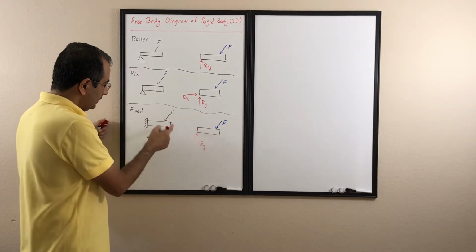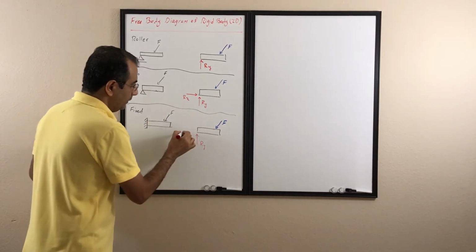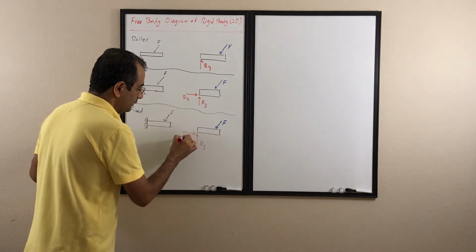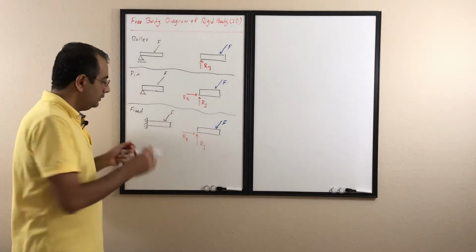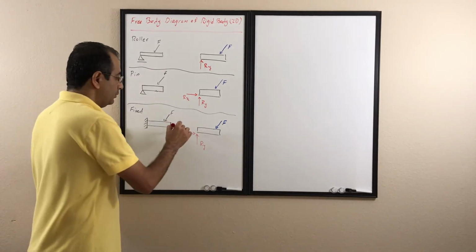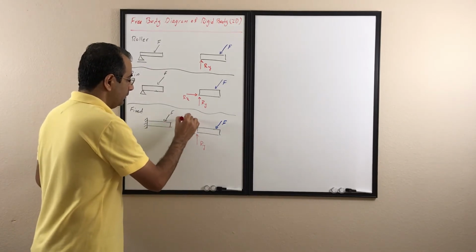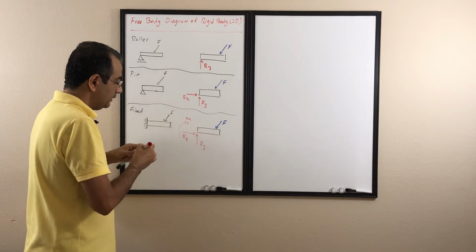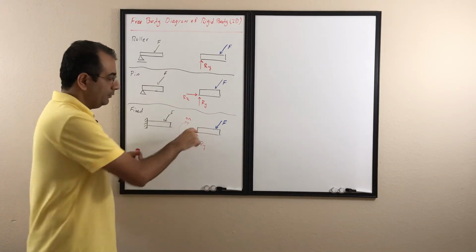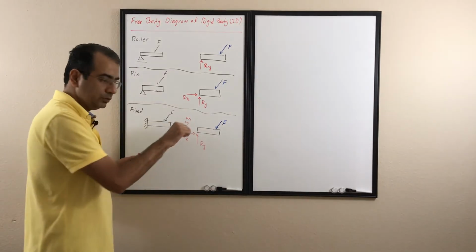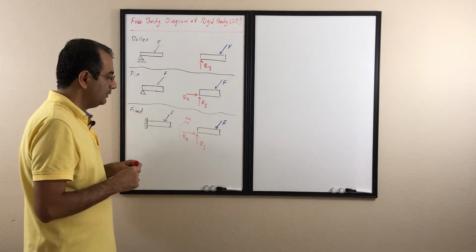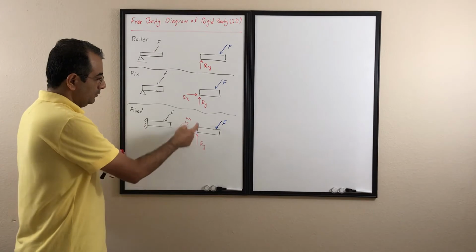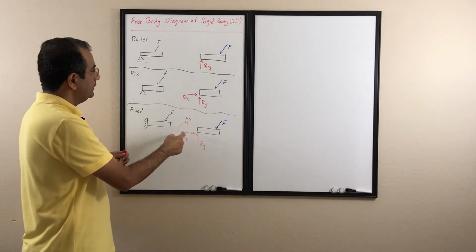Then it doesn't let it go left or right, so I have to add another reaction to make sure it's not going left or right. Also, it doesn't let it rotate, so I have to add the moment to make sure that point doesn't rotate. If it wants to rotate, that moment holds it in place and restrains it. So we are going to have these three.